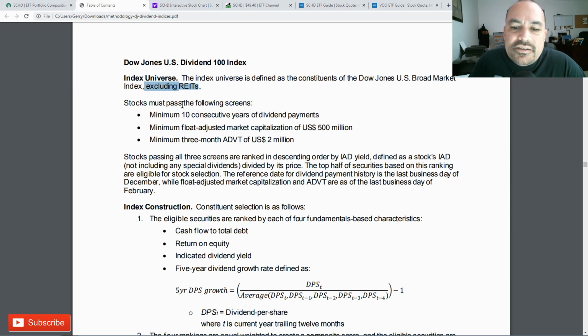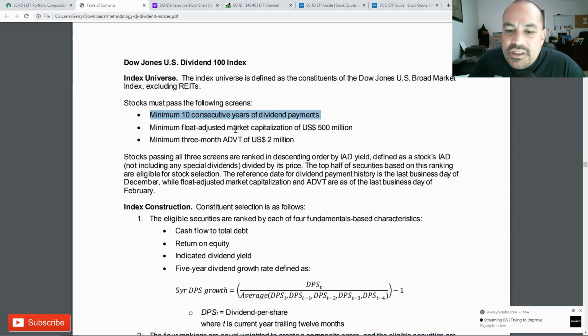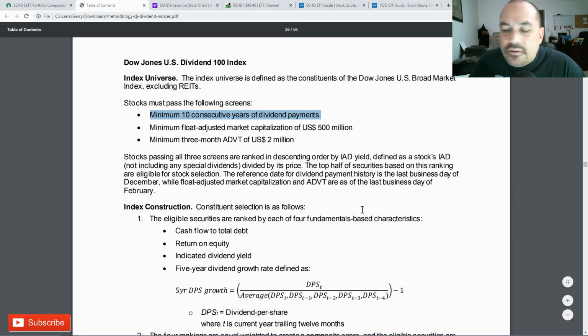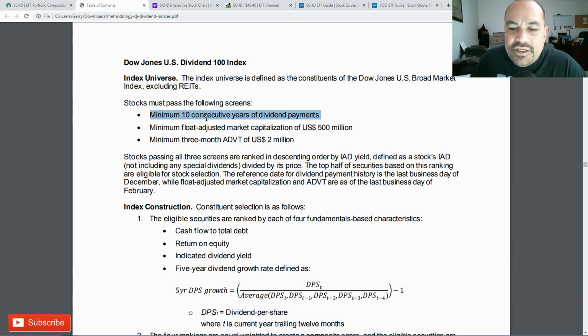So the stocks that are included in this index must pass the following screens. This one's a good one. Minimum 10 consecutive years of dividend payments. So they have to have been paying their dividend since at least 2010. Minimum float adjusted market cap of 500 million.